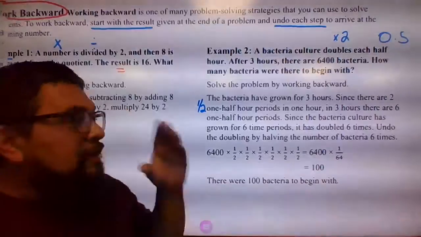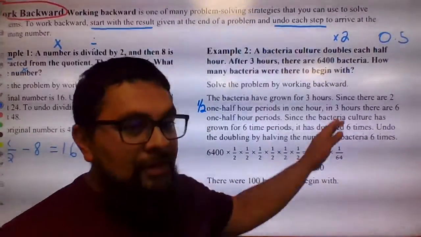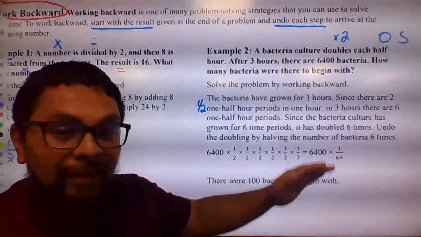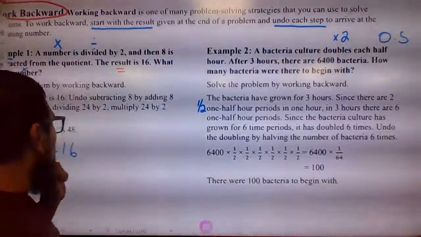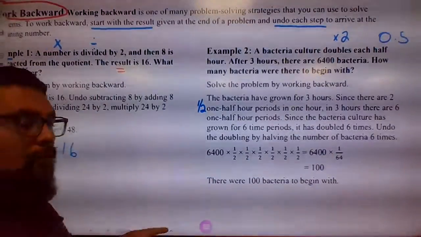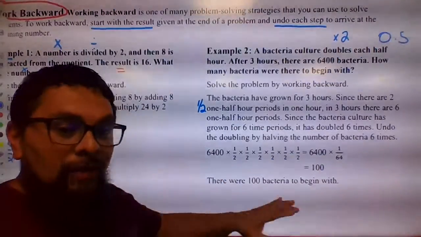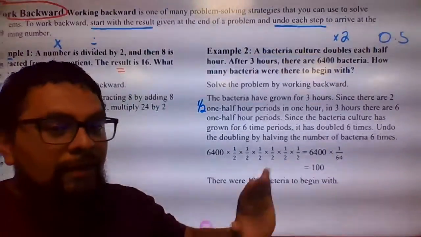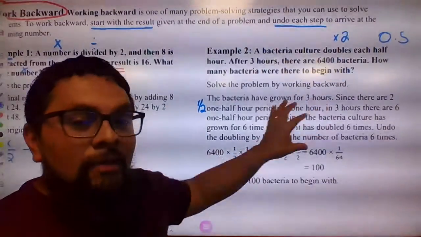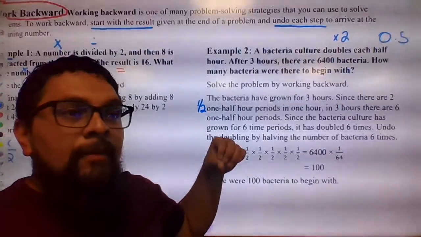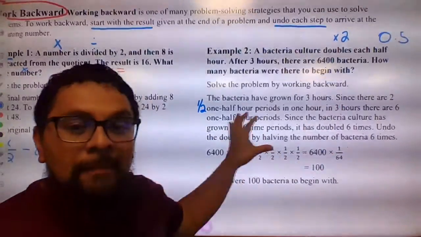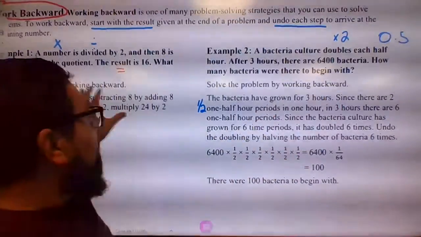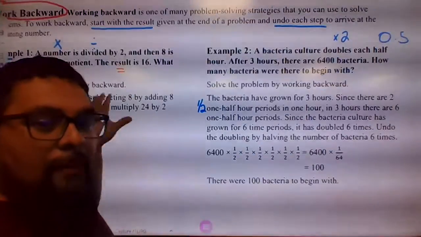Now, this problem, since it involves multiplication and division, is a little different when we write an equation. So we're going to pause on actually writing an equation for this one. I don't want to confuse you guys. The understanding was a little bit better for this one than this one, because this one involves more operations.